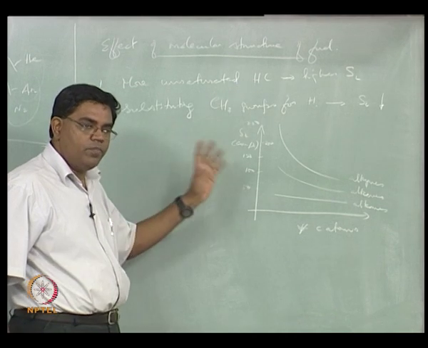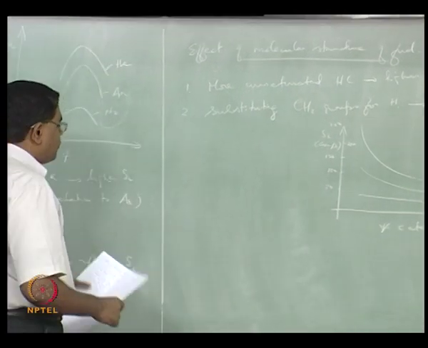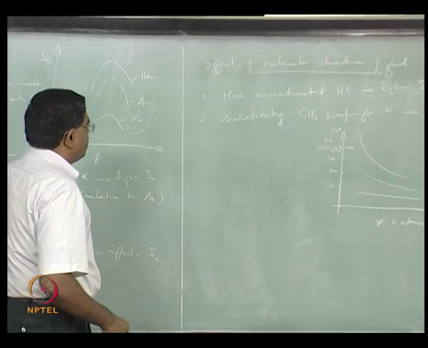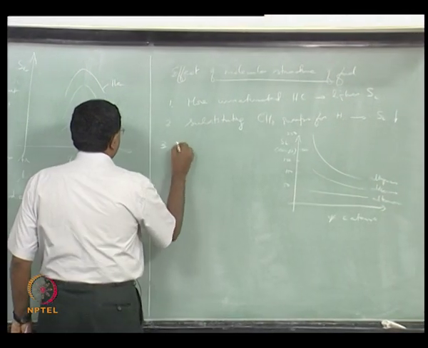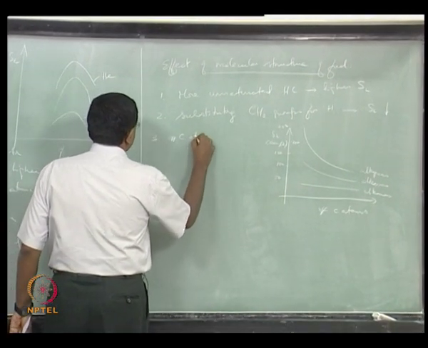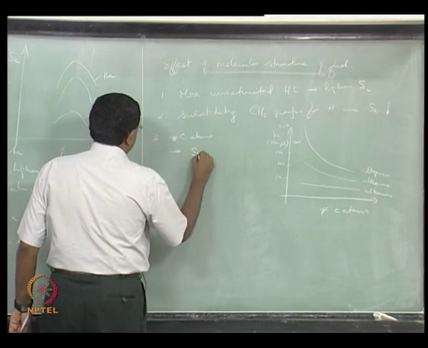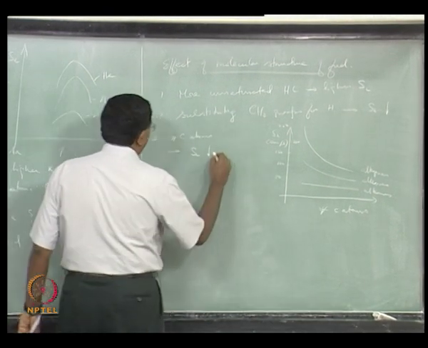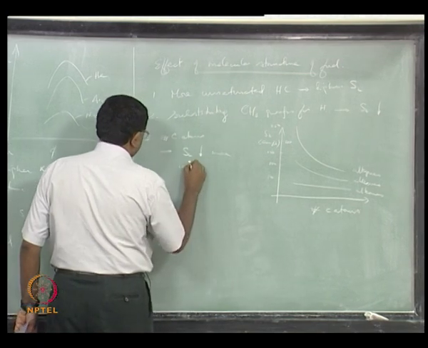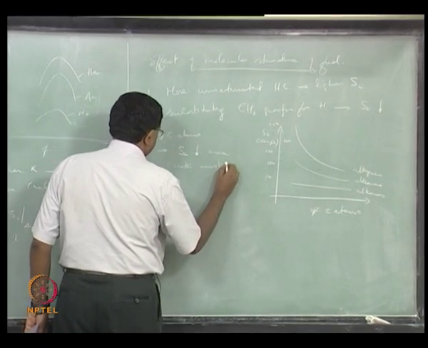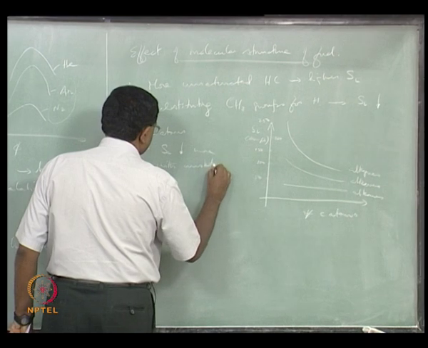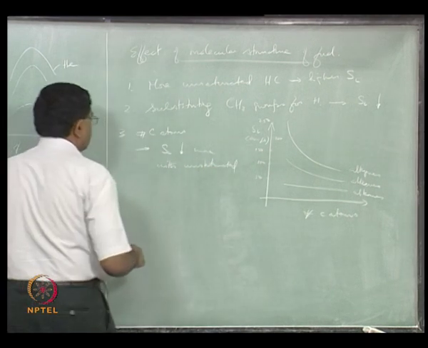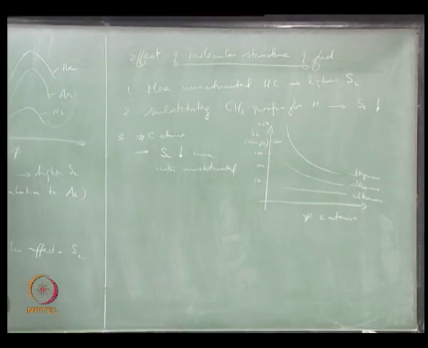So both of them contribute to a high flame speed. So the increase in number of carbon atoms leads to SL decrease, more so with unsaturated fuels.